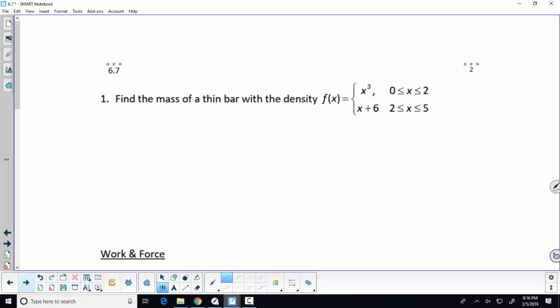Find the mass of a thin bar with this variable density. What would we do with this function in order to find the mass? Yeah, we would have to add them. So what would the mass look like? The mass is the integral from where to where?